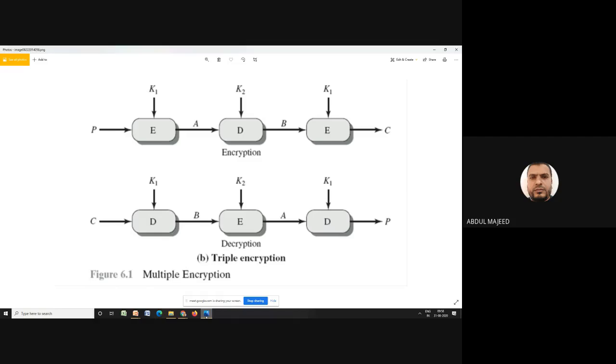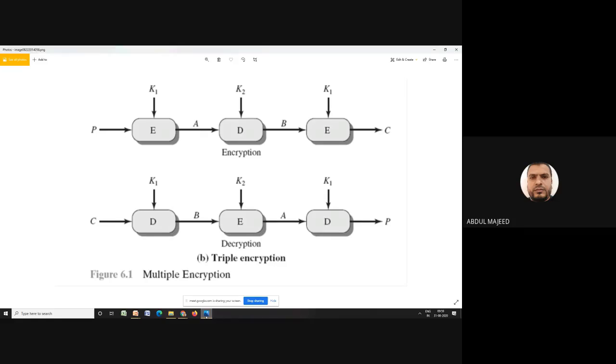So a ciphertext is there and you are doing the decryption, so it should generate the plain text, but no. Here the keys got changed, so a different ciphertext is produced, that is B. In the second stage the key is getting changed.